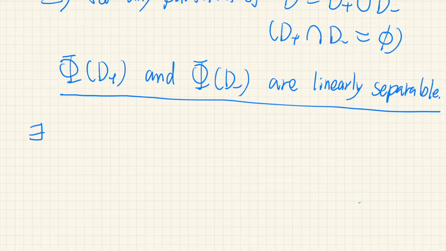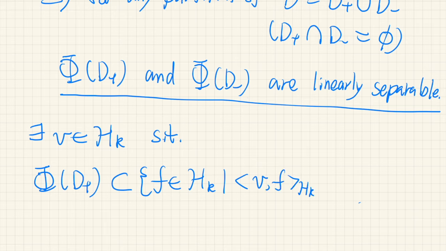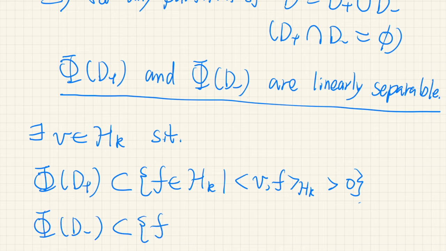There exists some element v in the Hilbert space such that phi of D+ is a subset of the set of elements f in H_K where the inner product between v and f is positive, and phi of D- is a subset of the set where the inner product between v and f is negative.